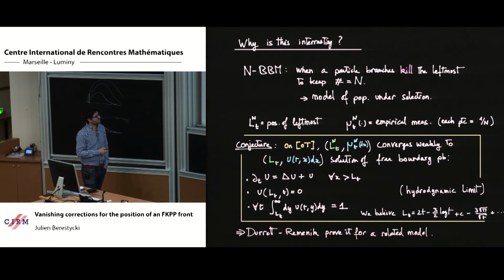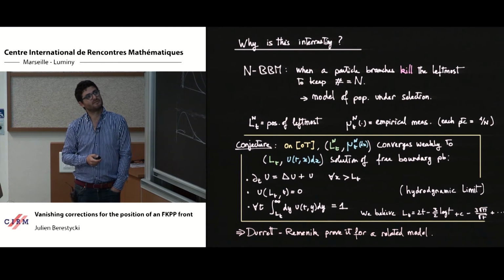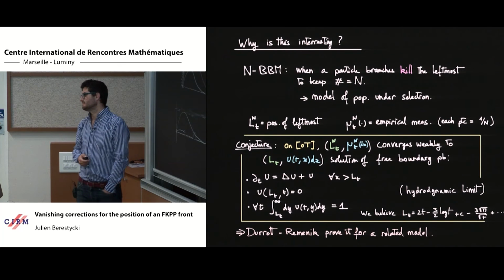And because now you have an empirical probability measure, the integral from L t to infinity of your solution is 1. So it's one of these hard constraints I mentioned earlier. So what I claim is that on a finite time horizon, at least, the solution of this system of PDE should be the hydrodynamic limit of this particle system.